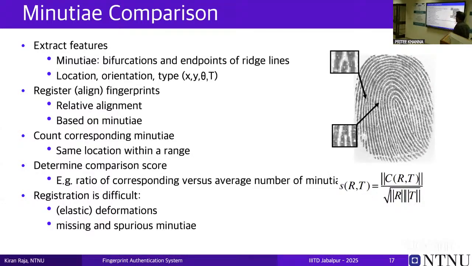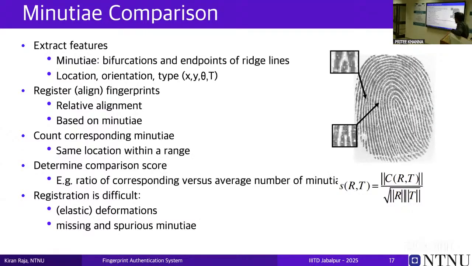But although it looks very easy, what you should also remember is that the registration is slightly difficult when we have elastic deformation, because if the image is a bit stretched, that means the information that you're getting will not be exact. So the classical comparison of minutia might be very tricky.